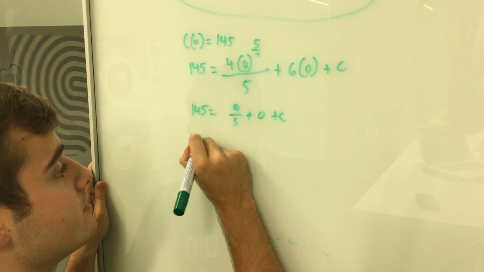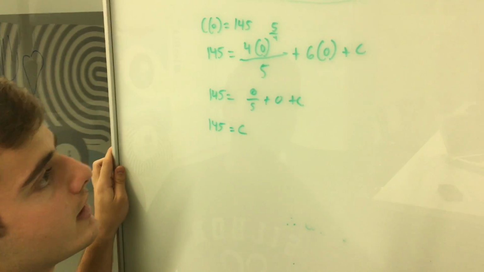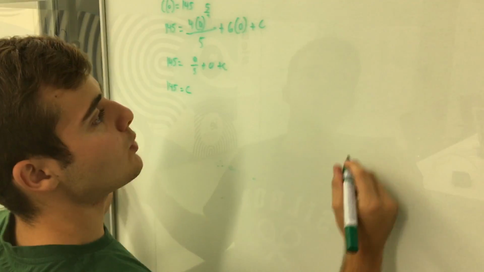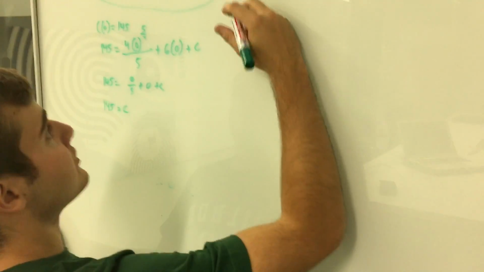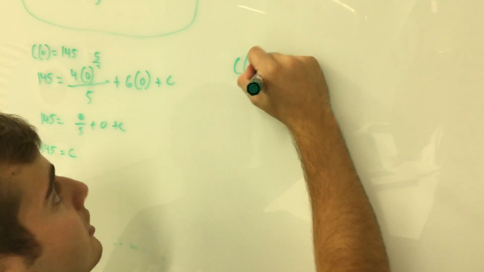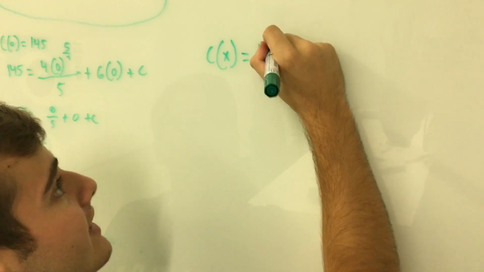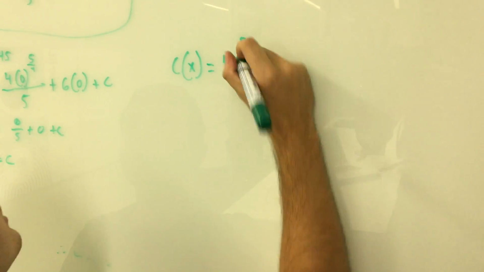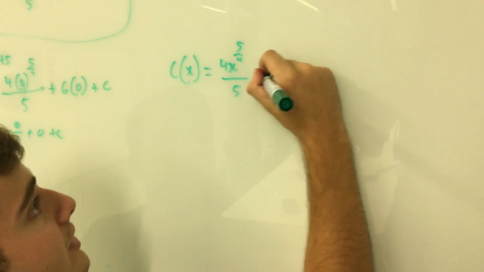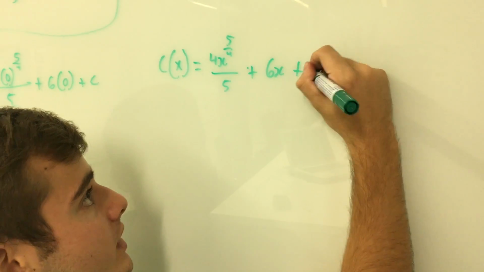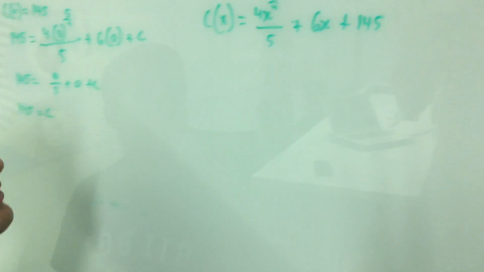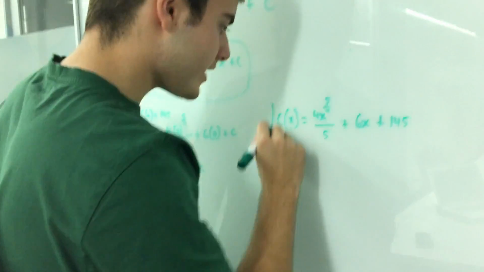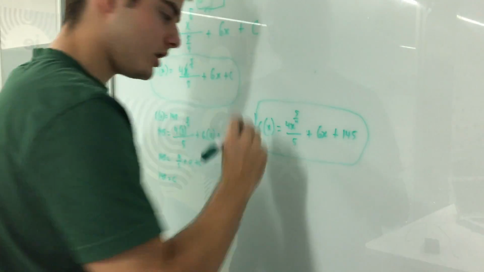Now 145 equals c. Now let's take this back to the equation and insert it. This would mean that the cost function equals 4x to the power of 5 over 4 over 5 plus 6x plus 145, which is the constant of integration. And now we have the final cost function.